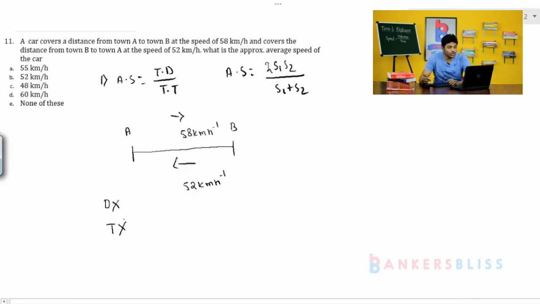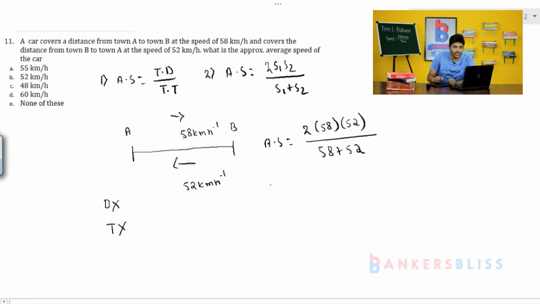The only thing is, we know the two different speeds. To and fro motion, the speed we know. So 58 km per hour and 52 km per hour. So which formula do we have to use? We have to go with the second formula, that is average speed is equal to 2 into 58 into 52 divided by 58 plus 52.